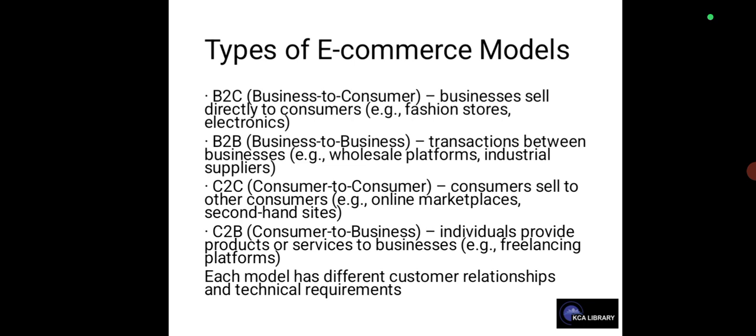The first one is B2C, and then we have B2B, C2C, and C2B. Now, B2C simply means business to consumer, directly. In the B2C e-commerce model, businesses sell directly to consumers. That is why it's called B2C.